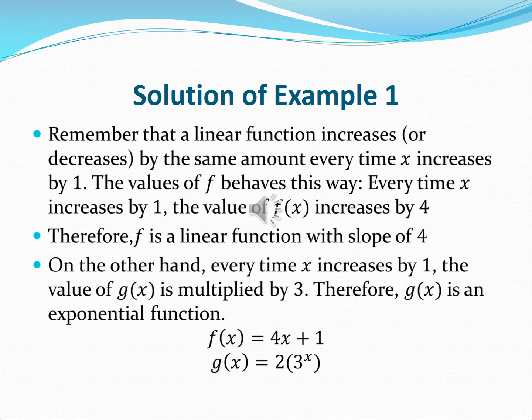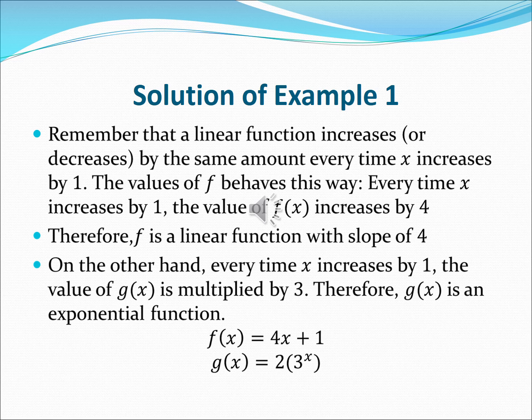Remember that a linear function increases or decreases by the same amount every time x increases by 1. Every time x increases by 1, the value of f(x) increases by 4. Therefore, f is a linear function with a slope of 4.